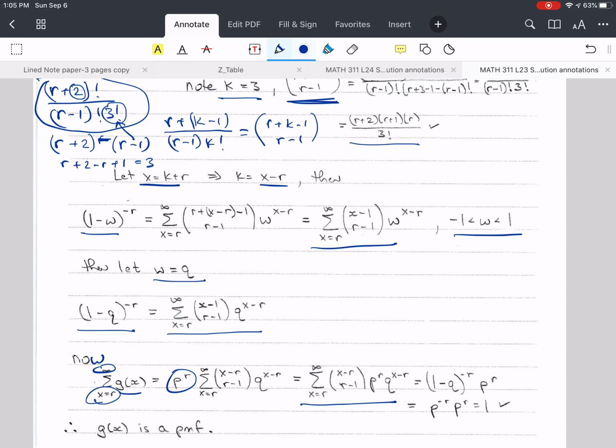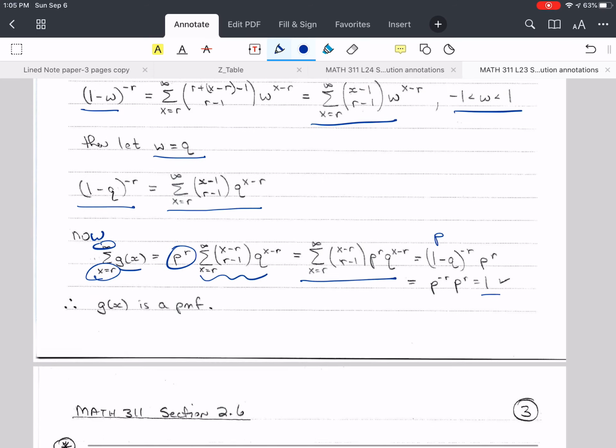Remember, x starts at r, and we know that this portion here is 1 minus q to the negative r, and so we plug that in, and 1 minus q is p, and so we have p to the negative r, p to the r, that gives us 1.